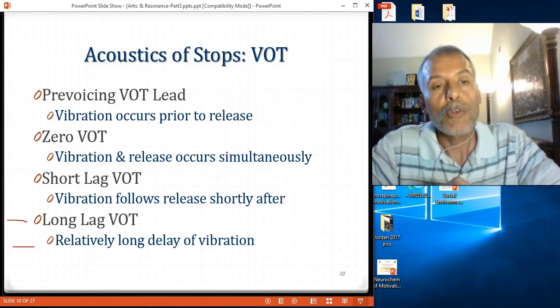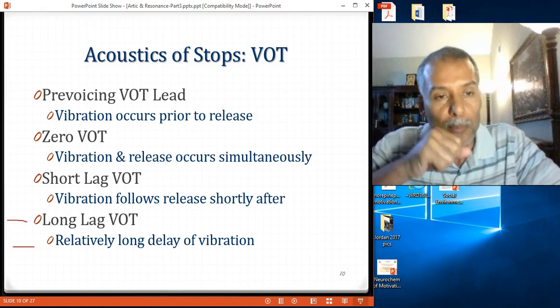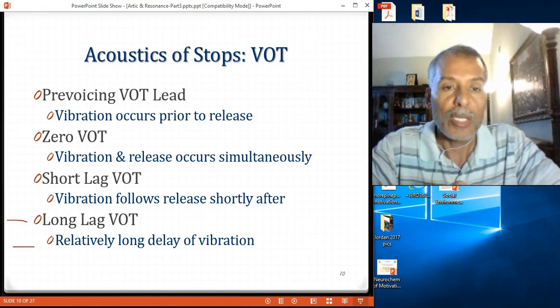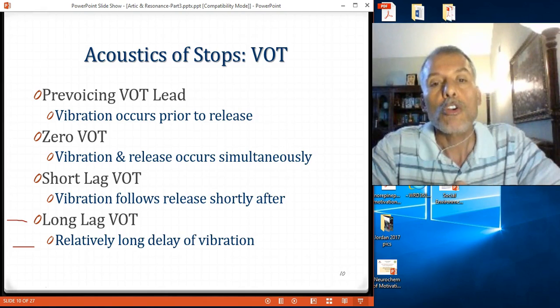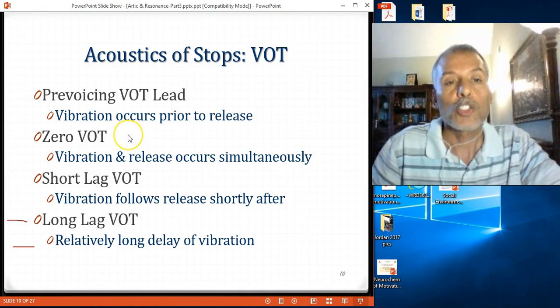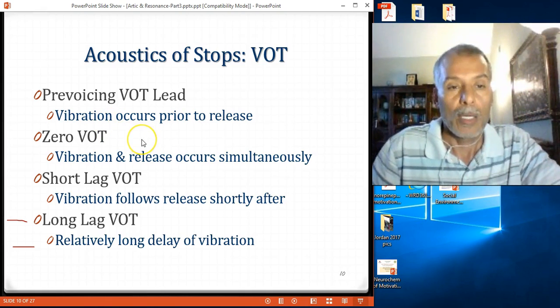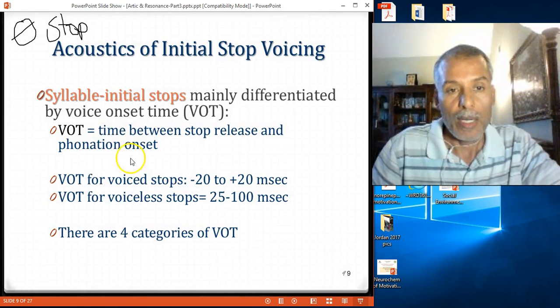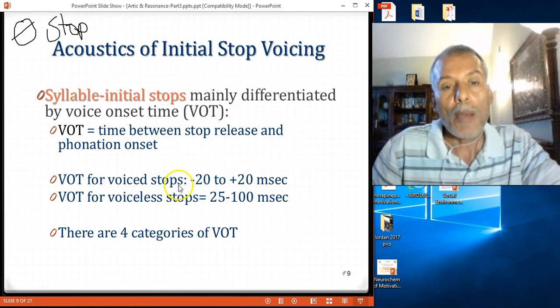And zero voice onset time. That's when the vibration and release occur simultaneously, and that can only occur when you have the voiced stops, which are b, d, and g. If you go back here, you can see voice onset time for voiced stops is -20 to +20.